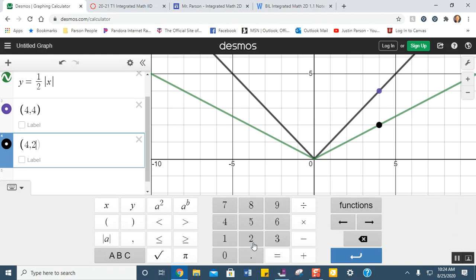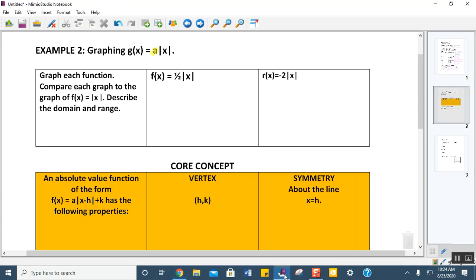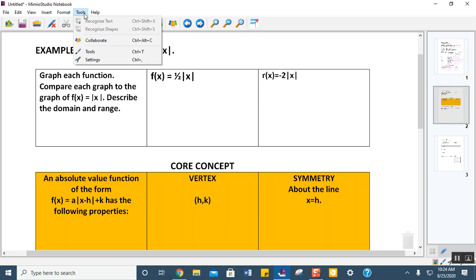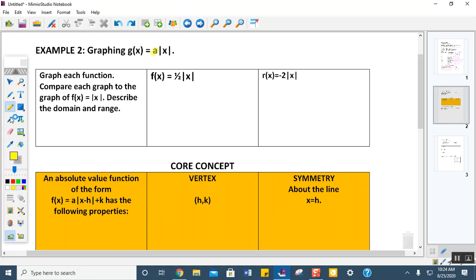So this is what we call a vertical shrink by a scale factor of 1/2.